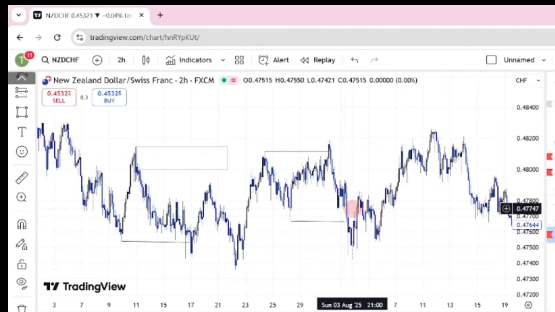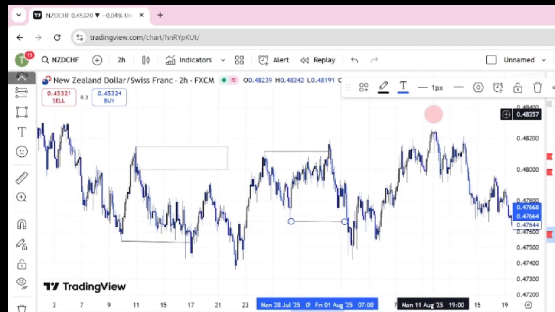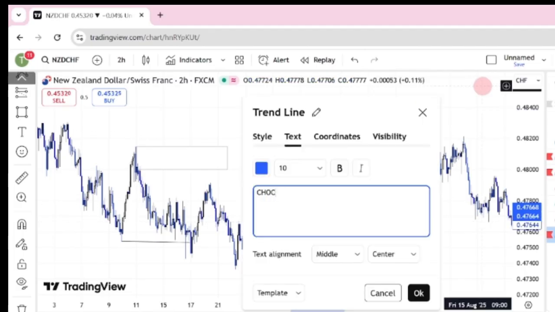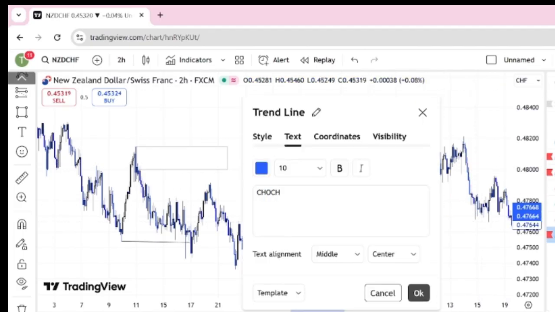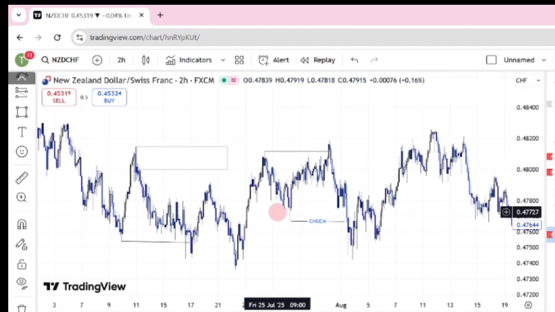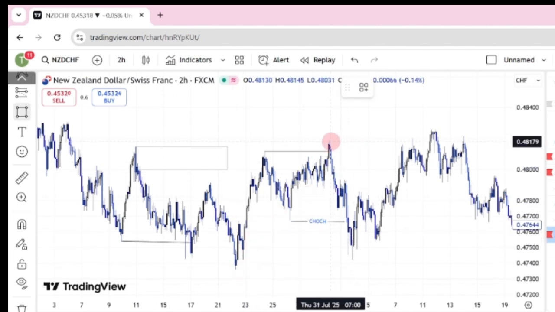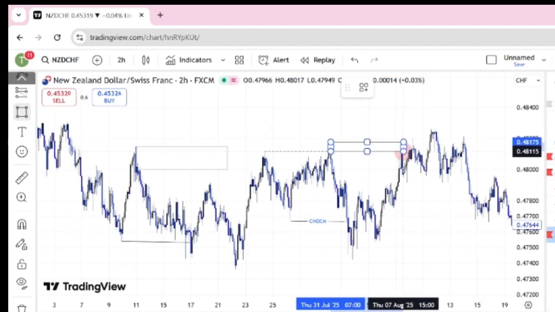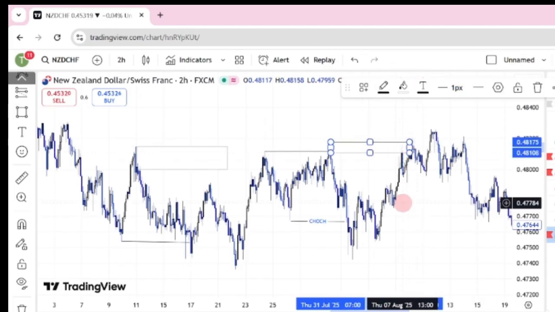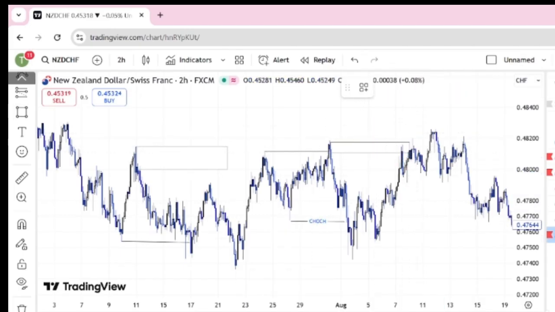Now a lot of persons will also see this as their change of character, and upon seeing this as a change of character, they will want to take a sell from this zone. They want to take a sell from this zone, but overall this low hasn't been taken out.